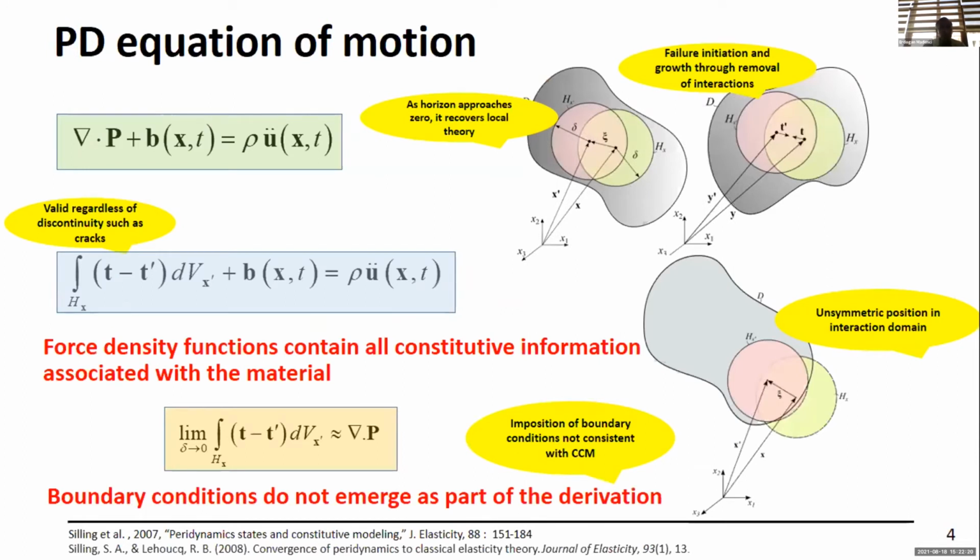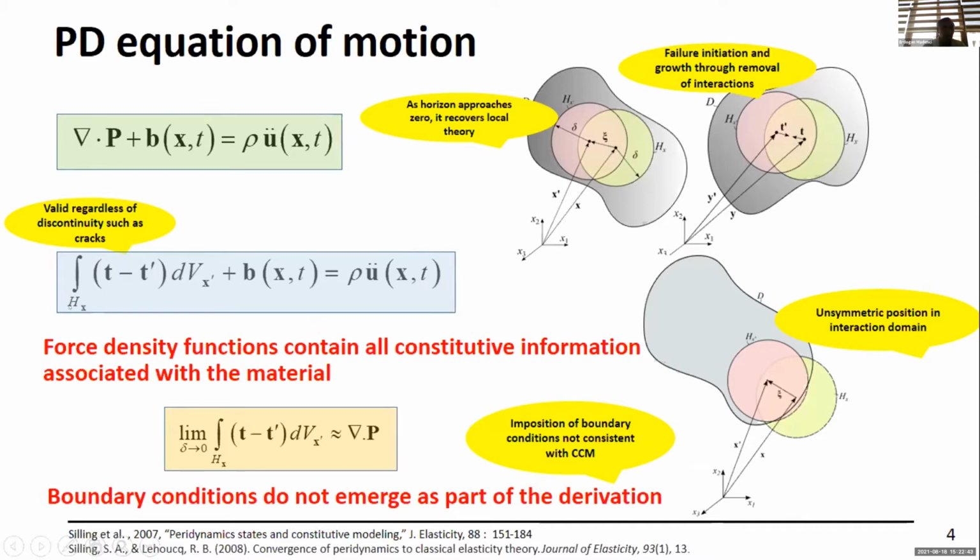So it's very simple. This is the equilibrium equation that we're all familiar with. P is the Piola-Kirchhoff stress tensor. So what Silling did, he replaced the divergence of the stress tensor with this integral representation here. And the integrand doesn't have any derivatives, so it's valid regardless of discontinuities, such as cracks.